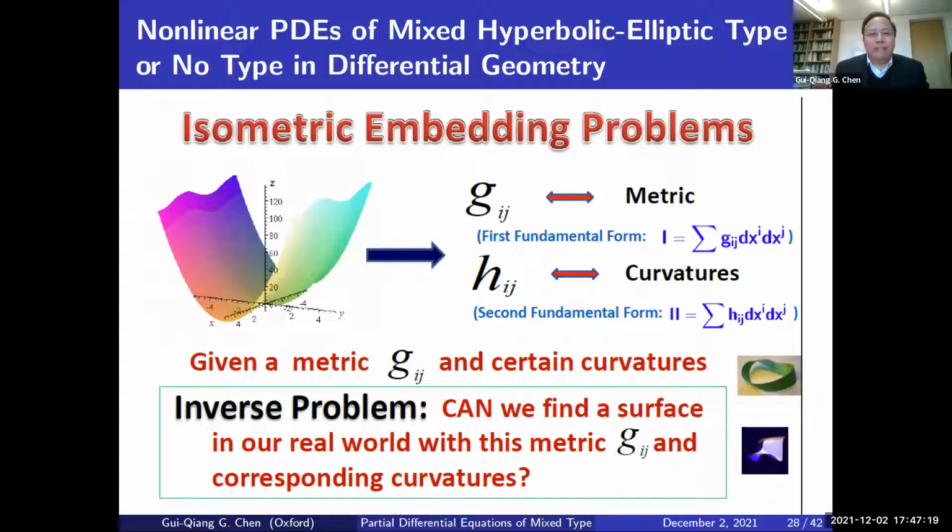We are given a metric or a certain property of curvature. Can we construct the surface in R3, in Euclidean space, or its generalization, higher-dimensional Euclidean space? So this is like an inverse problem, right? You are given the metric or some property of curvature. Can you find the surface you want? It turns out that this statement is very simple, but the problem is very difficult. The whole problem in the generic case is still open.